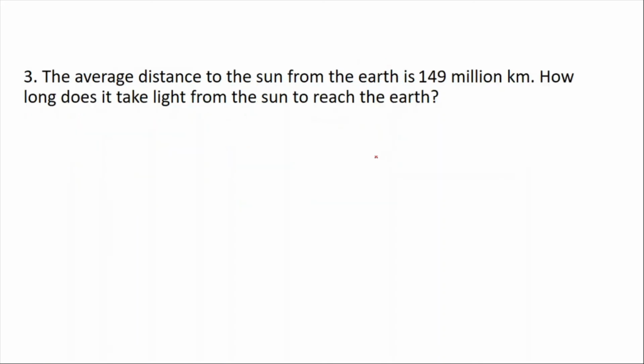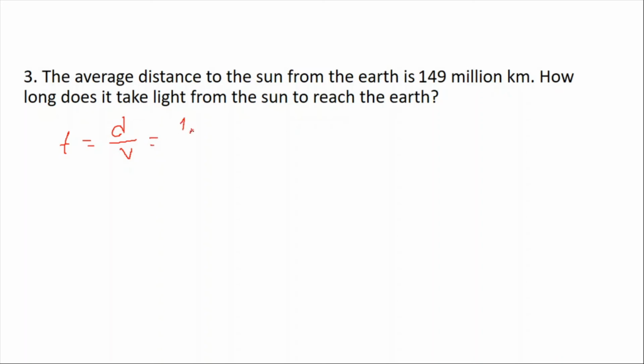Let's look at one more example. The average distance to the sun from the earth is 149 million kilometers. How long does it take light from the sun to reach earth? To calculate the time, we are going to use our simple formula, d over v, distance divided by velocity.